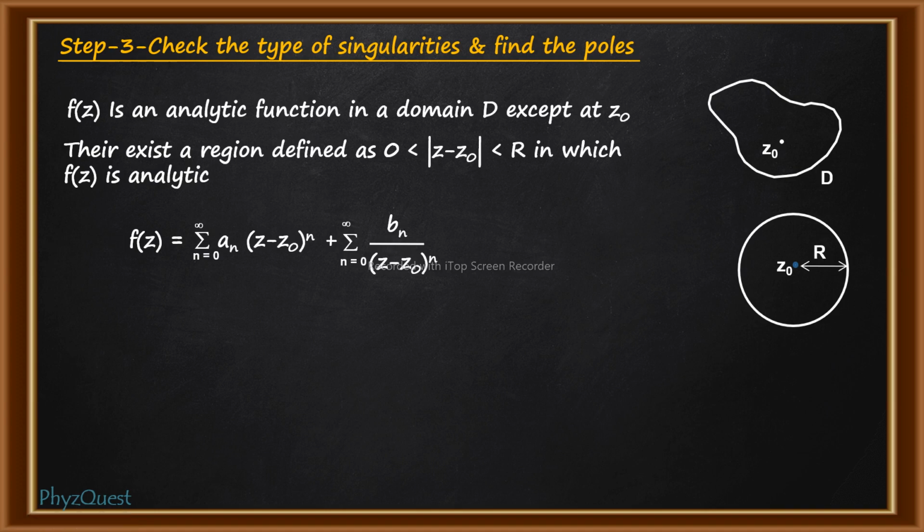So this is known as the Laurent expansion. The second term is known as the principal part of the Laurent expansion, and this is what is used to classify between different types of isolated singularity.